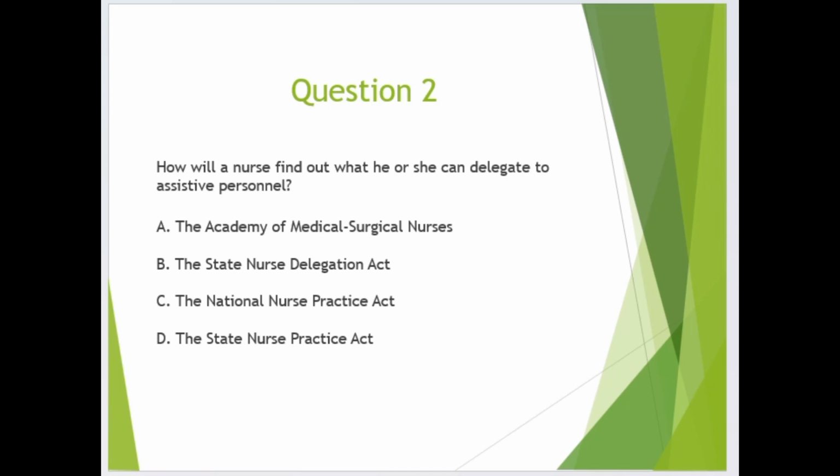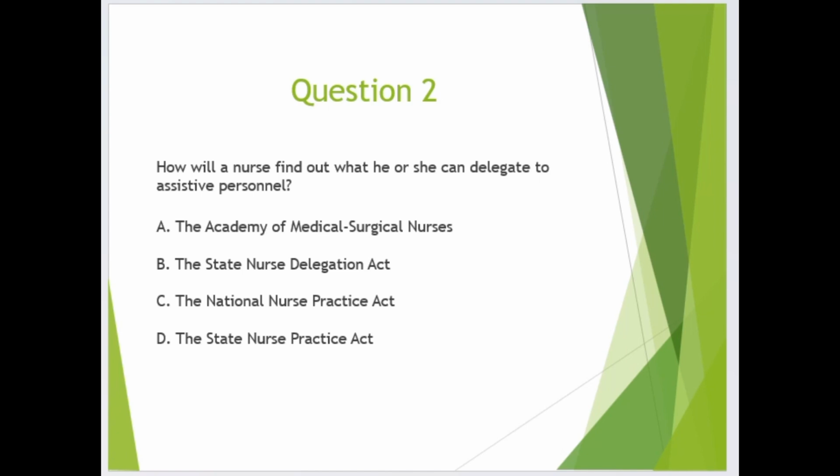Question 2. How will a nurse find out what he or she can delegate to assistive personnel? I'll give you a moment to see which answer you would pick. And if you picked D, the State Nurse Practice Act, you were correct.